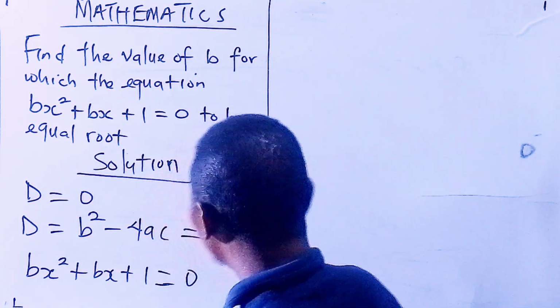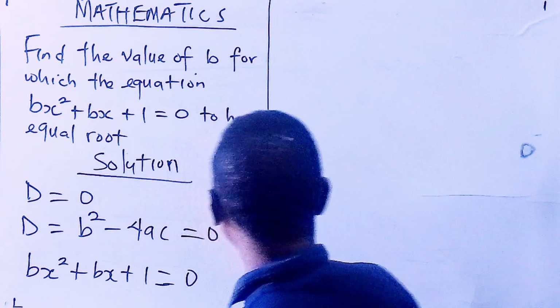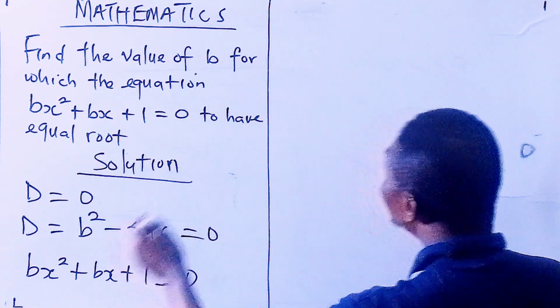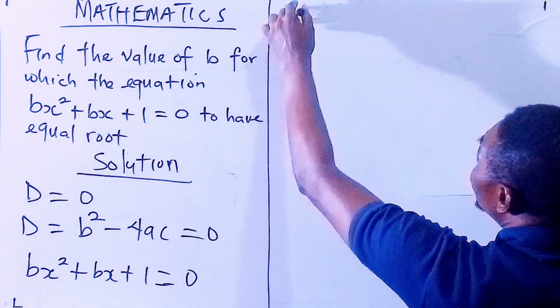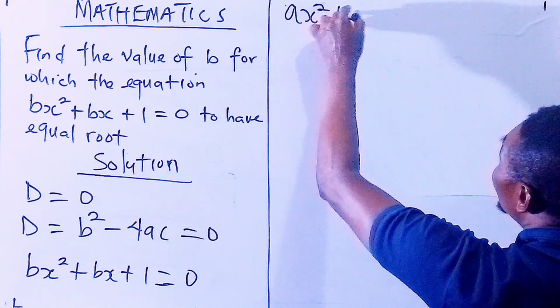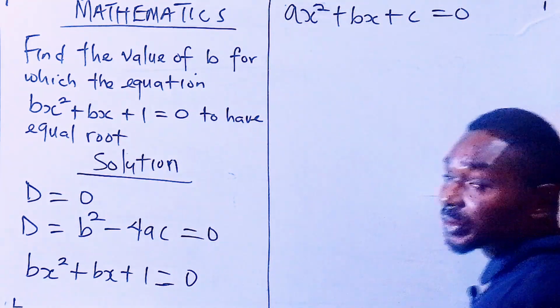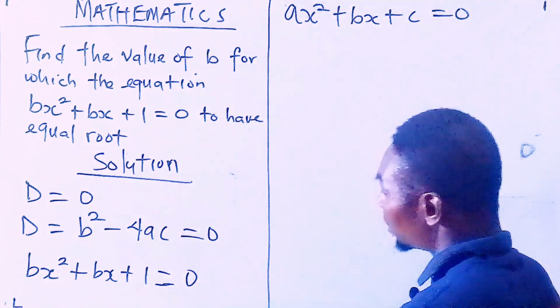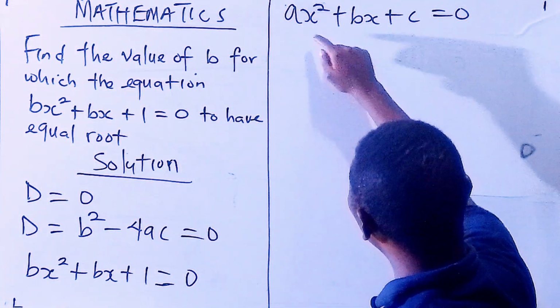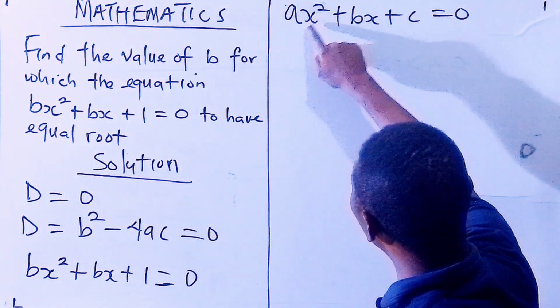Now, let's write the standard form of the quadratic equation. The standard form of the quadratic equation is ax squared plus bx plus c is equal to 0. Now, the coefficient of x squared here is a.